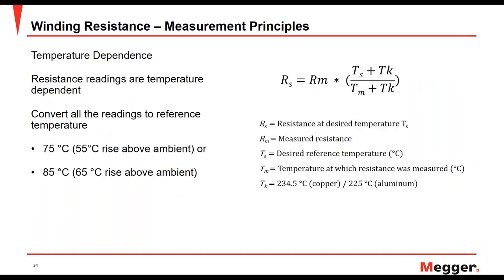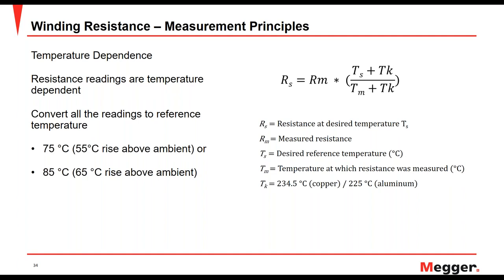Now, we discussed selecting the right magnitude of test current. And again, this was because of the temperature dependence of resistance measurements. We know that resistance is a function of temperature, and that's why all the readings have to be converted to a reference temperature in order to perform sound comparisons.